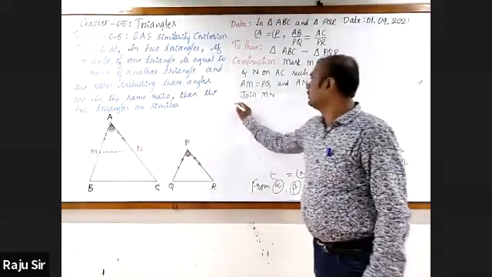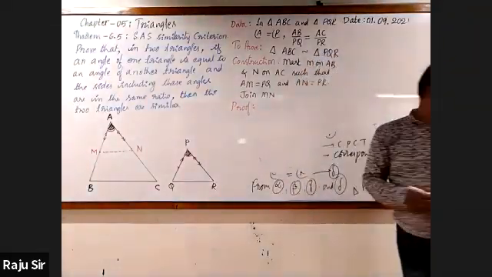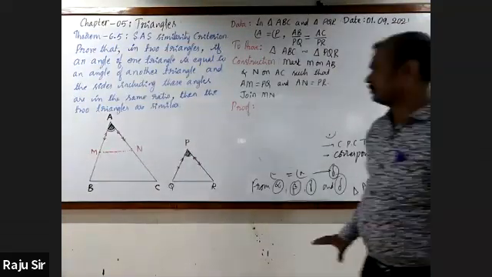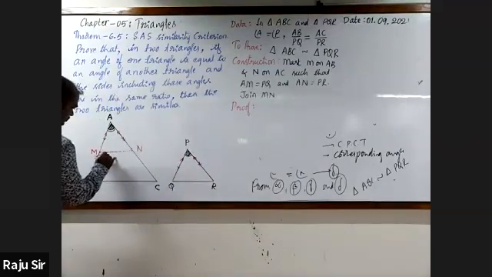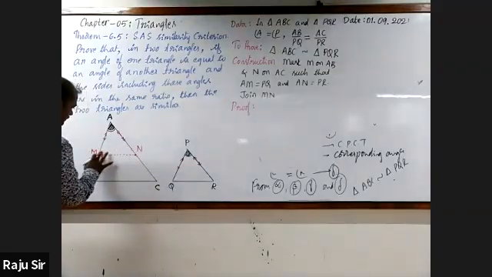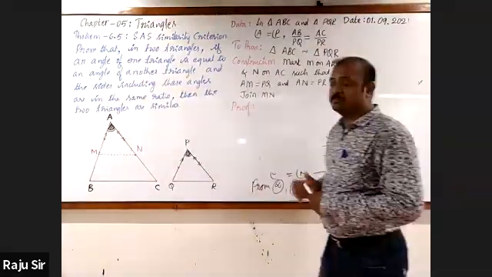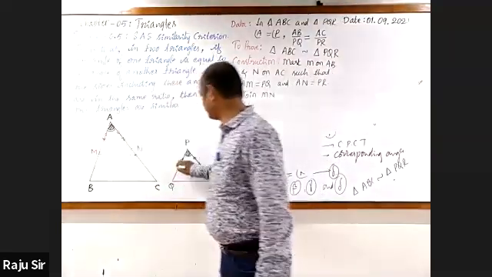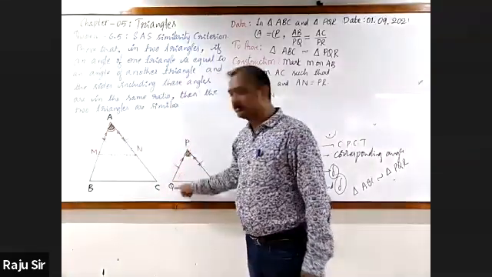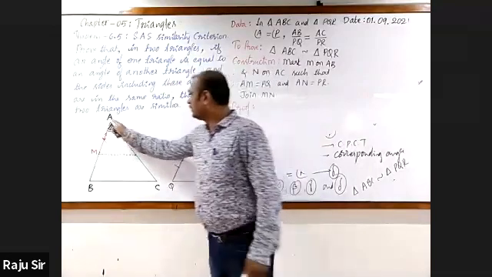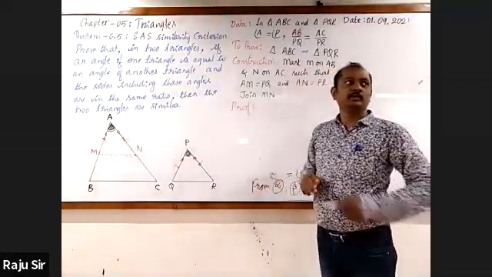Over. Next step, prove. Observe here, AM equal to PQ, reason; AN equal to PR; angle A equal to angle P. Which congruency?